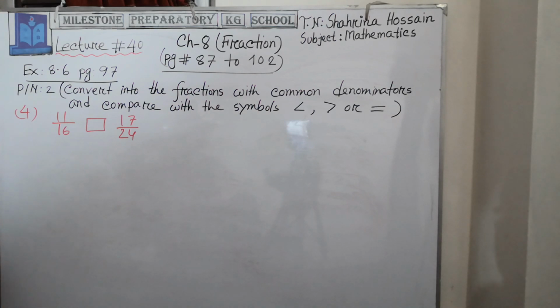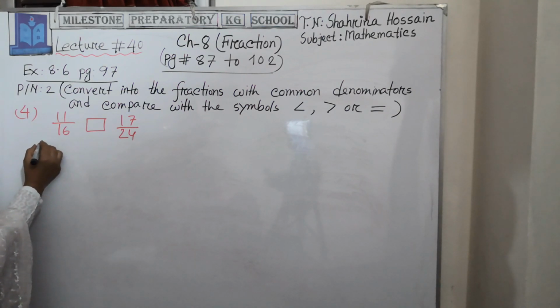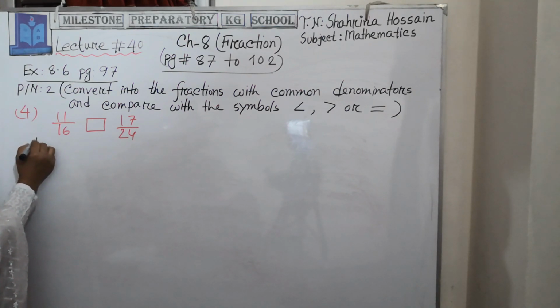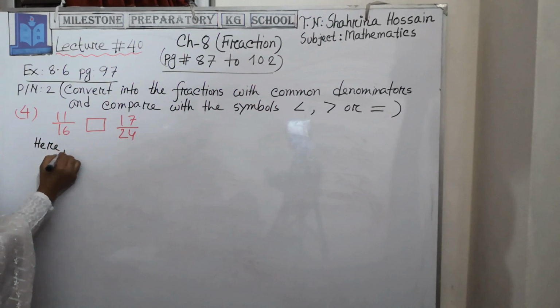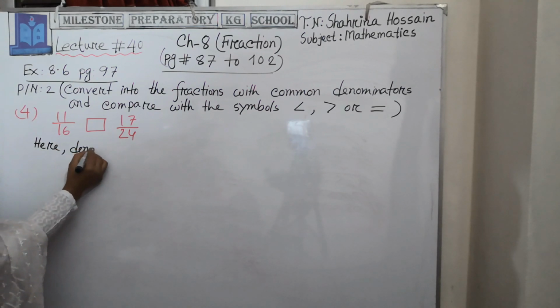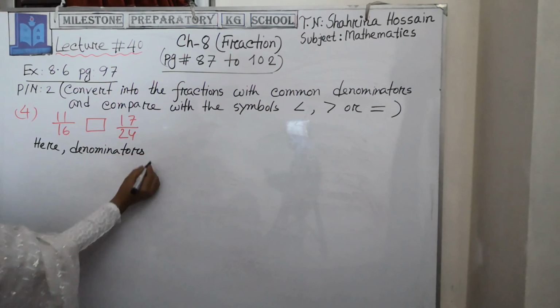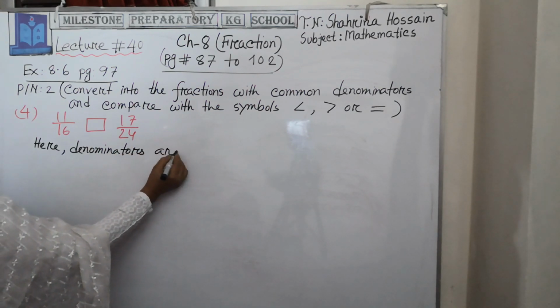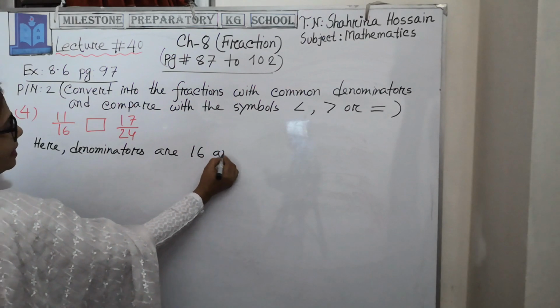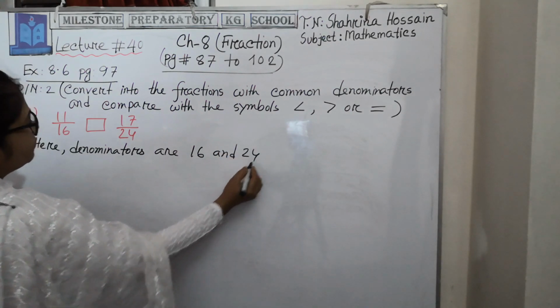Okay, so let's see how we can do the math. Here denominators are 16 and 24.